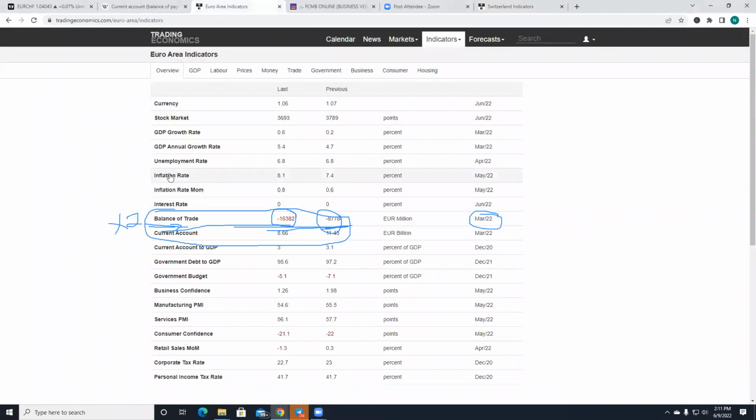A balance of trade from minus 8,778 million euro to minus 16. Their own went down. This is almost a crash in the economy. They are importing a lot, exporting little to the other part of the world.